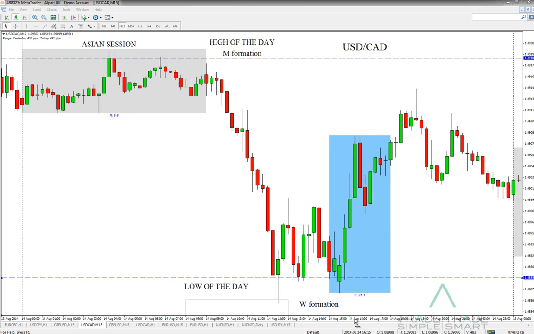Now the same behavior takes place at the low of the day. At the low of the day, we're generally going to see a candlestick formation which will represent manipulation, or we're going to see the classic W formation. And the same process in terms of this shakeout with the W formation occurs as with the M formation.